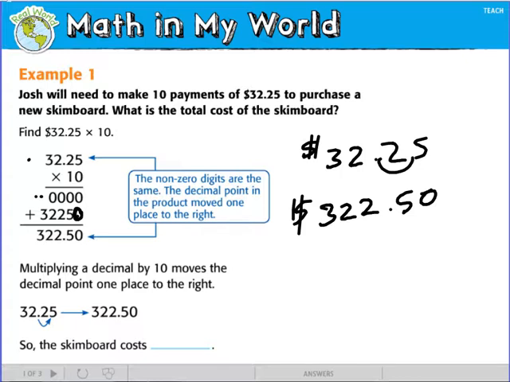Do you guys see that? Because look, we have 2 decimal places, right? Where our placeholder takes up one of those decimal places. And the more zeros that you have in the number, the more placeholders you're going to have. Okay? So multiplying the decimal by 10 moves the decimal one place to the right. You guys already knew that. We did that. So the skimboard costs $322.50.